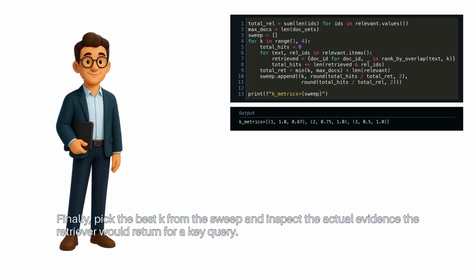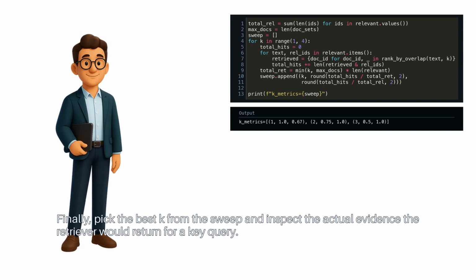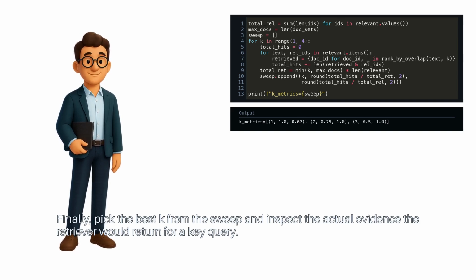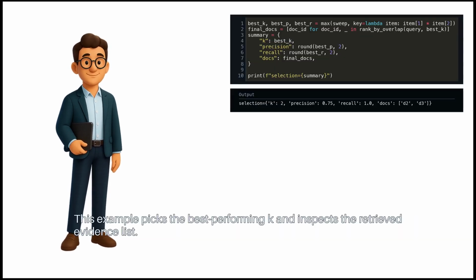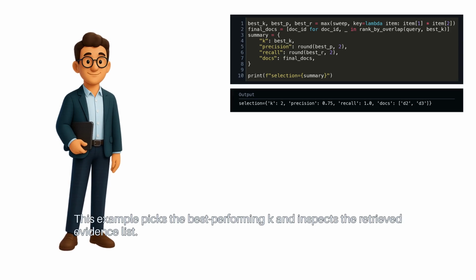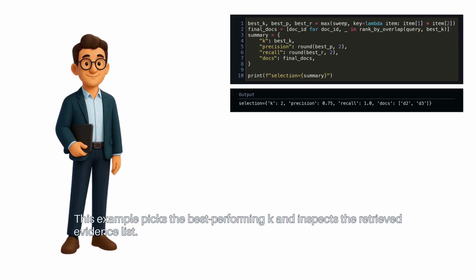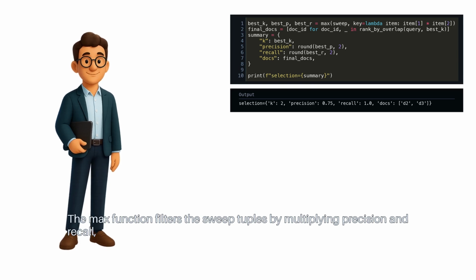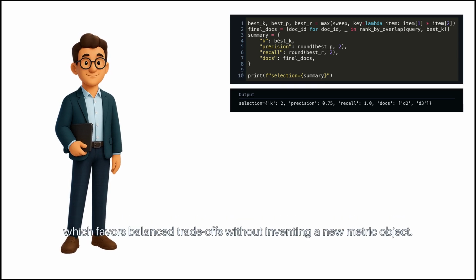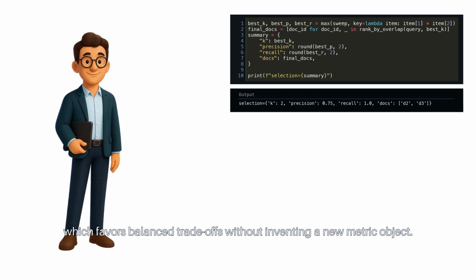Finally, pick the best k from the sweep and inspect the actual evidence the retriever would return for a key query. This example picks the best performing k and inspects the retrieved evidence list. The max function filters the sweep tuples by multiplying precision and recall, which favors balanced trade-offs without inventing a new metric object.